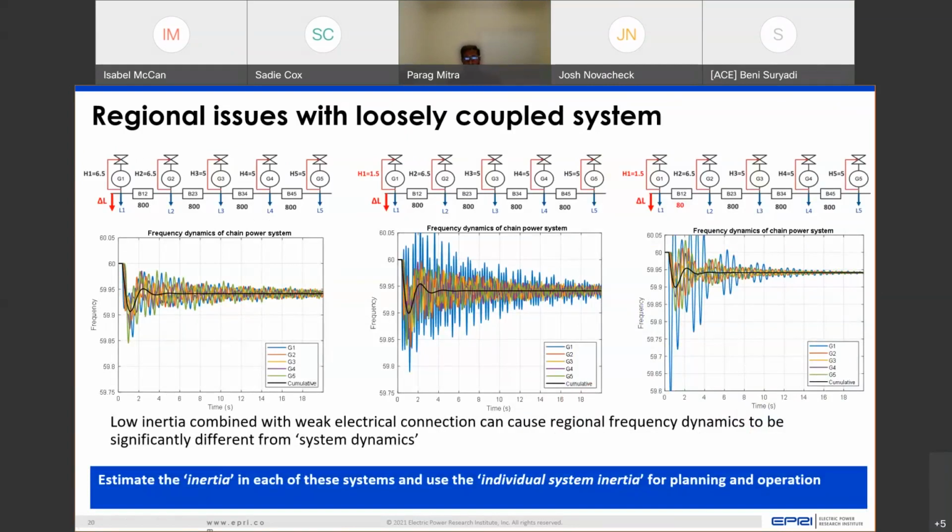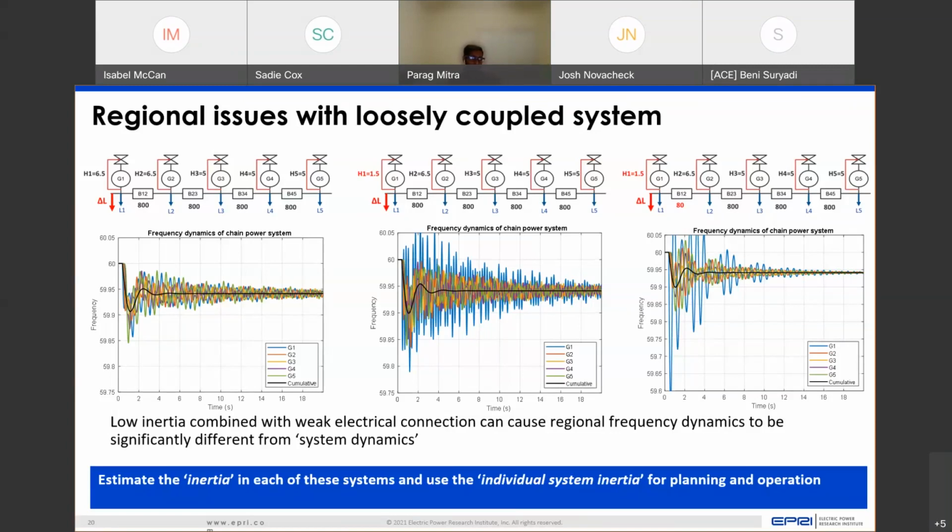This might look very simplistic, but I want to assure everybody on this call that a simple system like this can actually be used to describe the frequency dynamics of the entire Western United system for a loss of 2 large nuclear power plants. So even though this system looks simplistic, it is very powerful in explaining some of the frequency dynamics that we see in real life big power systems.